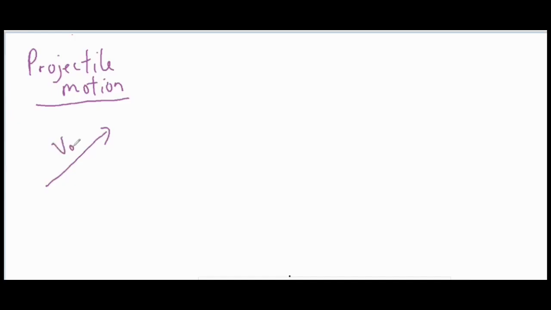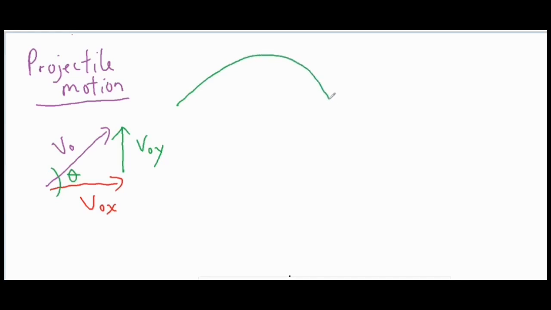So if we have some kind of initial velocity, we're going to want to break it up into a component, which we can call v naught x, and then we also have a vertical component, which is called v naught y, and then we're probably given some kind of angle theta right here. As something is moving in this two-dimensional motion, it only has a force of gravity pulling on it downwards.